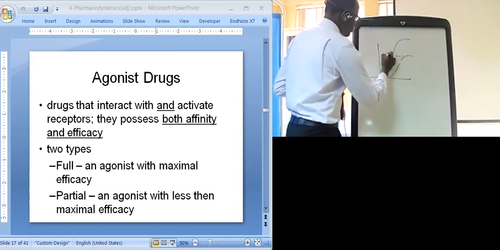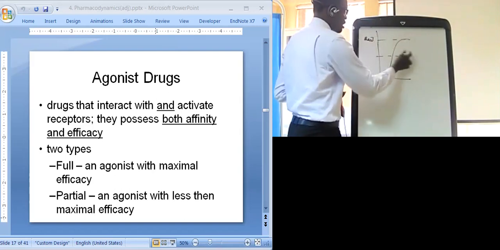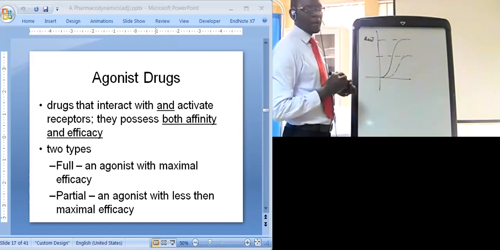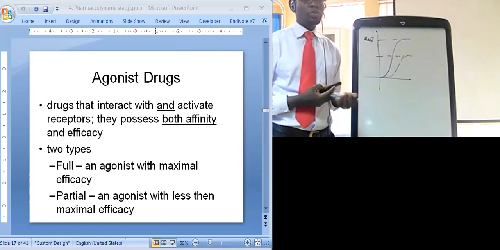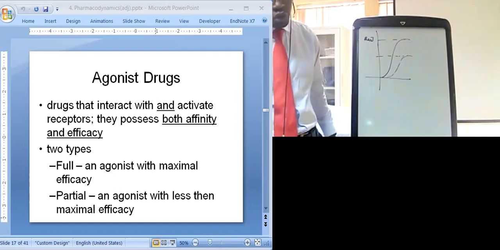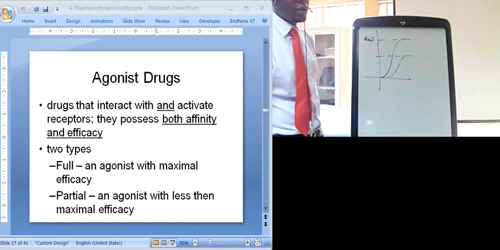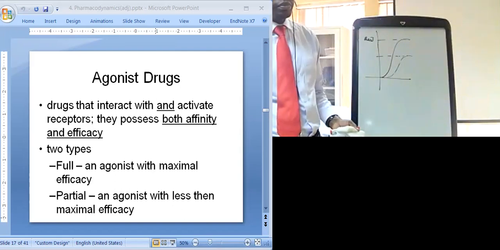So if this is response, this can be partial, this can be partial, this can be a full agonist. It is all about response, or what we refer to as efficacy. This is what differentiates these two drugs as either full agonist or partial agonist.